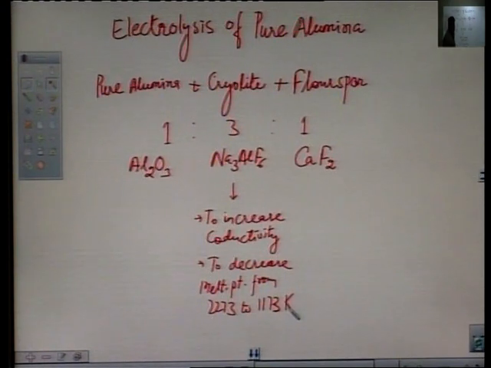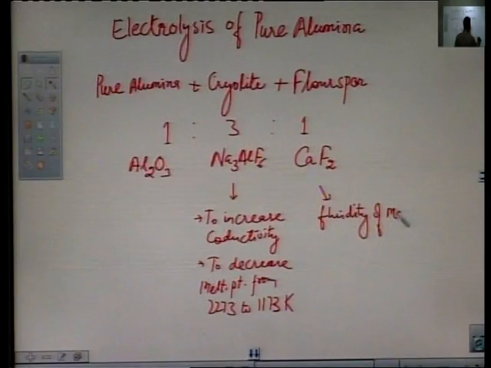The calcium fluoride, that is fluorspar, is added to increase the fluidity of the mass, so that the liberated aluminum may sink at the bottom of the cell.